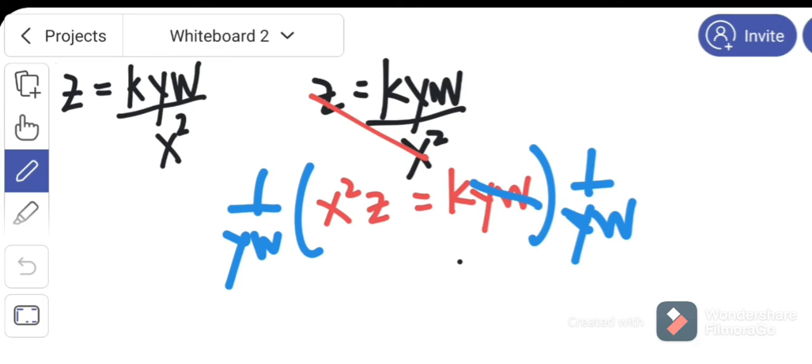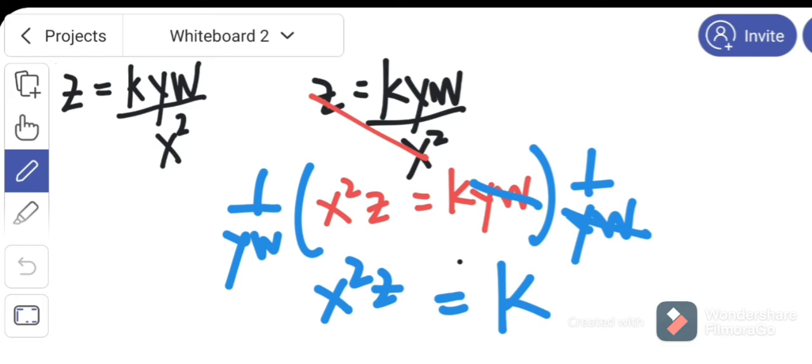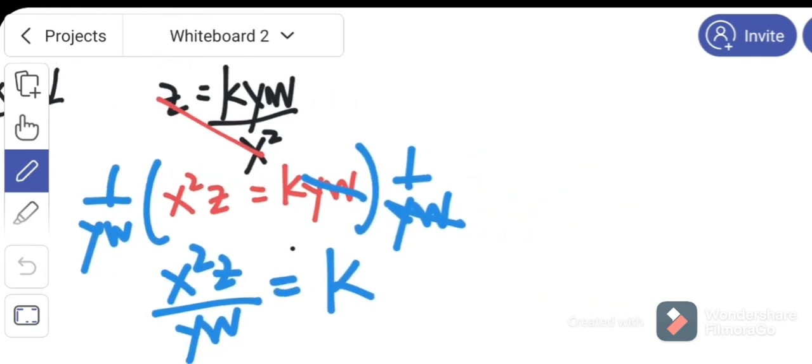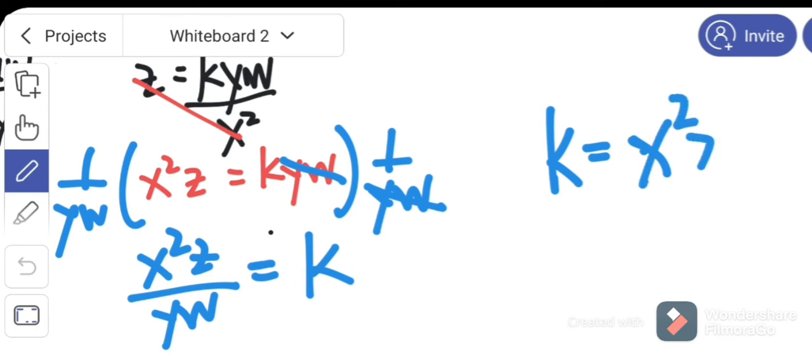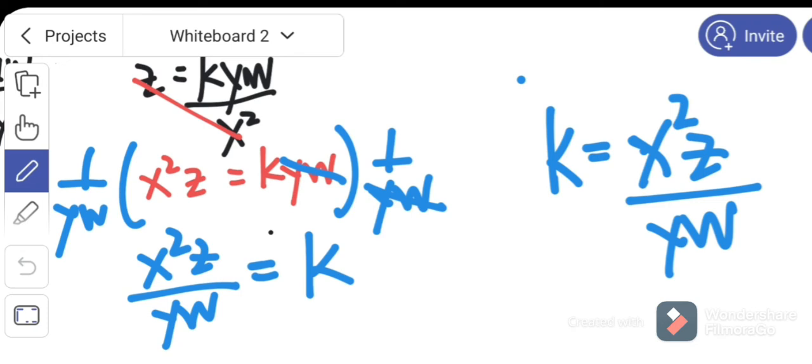Then we cancel, and it is equal to 1, k times 1. On the left side, we have 1 times x squared z, which is x squared z over yw. So this will be our formula in finding k. Let's just rewrite: k is equal to x squared z over yw.